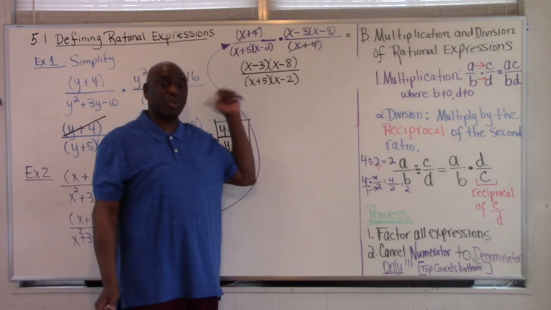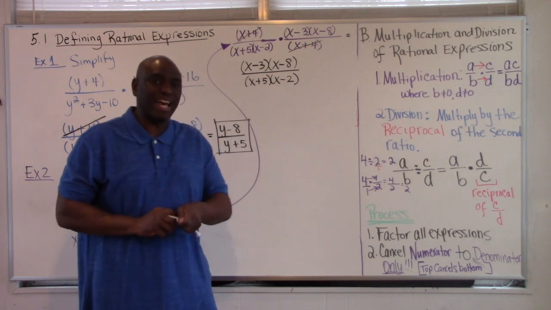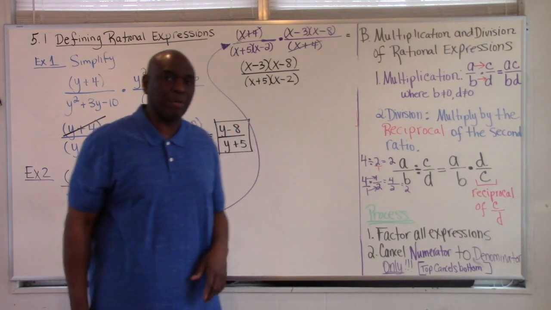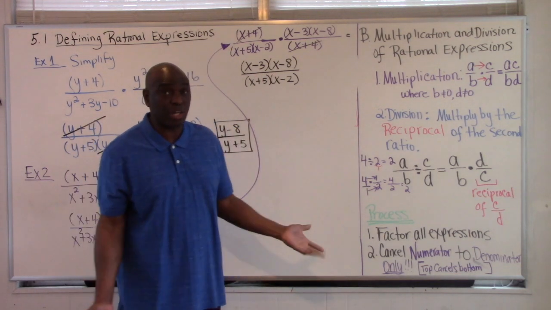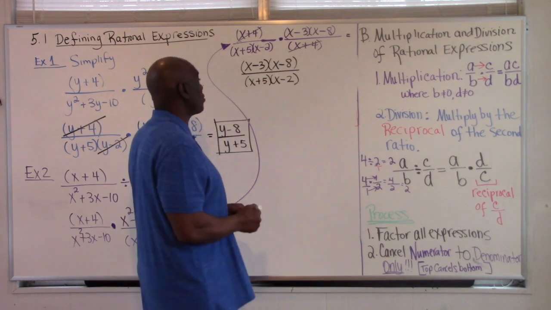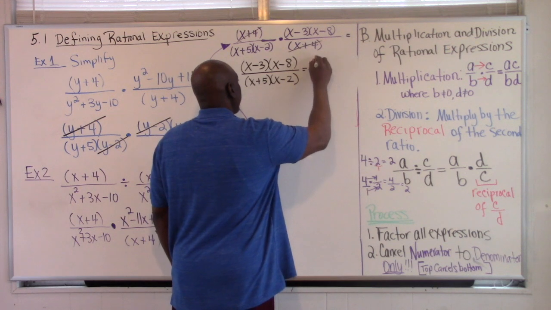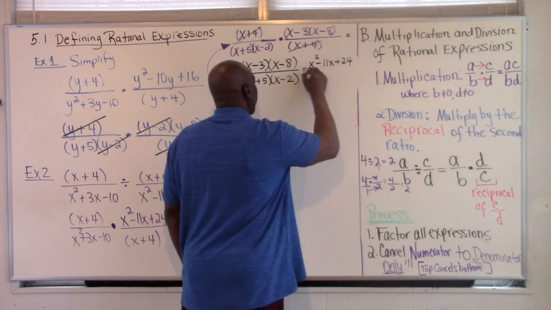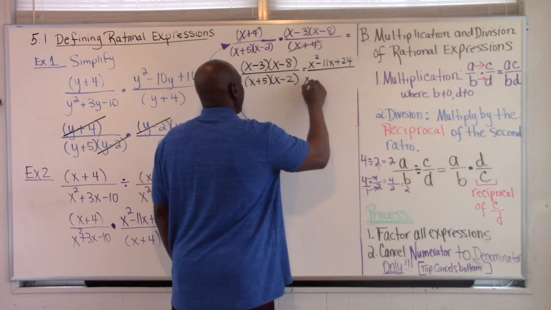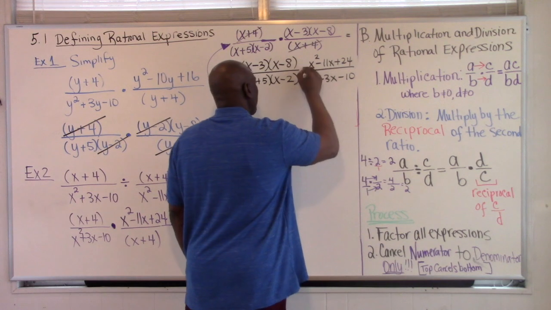Now, this also can be expressed as a product. Right now we have it in factored form, with two factors in our numerator and two factors in the denominator, but it can also be expressed as a product. So if you see it as x squared minus 11x plus 24 divided by x squared plus 3x minus 10, well, it's the same thing.